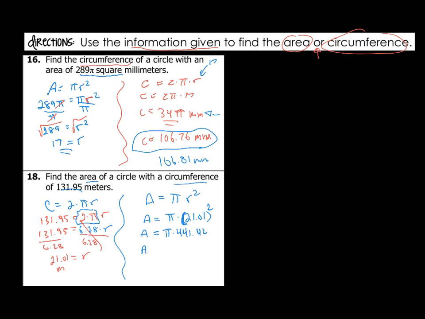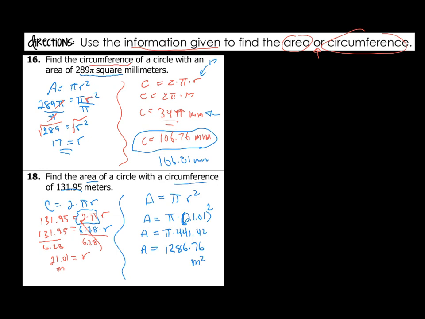And after I multiply that times pi, I'm going to use the pi key this time. I get approximately 1,386.76. So that's rounded to the nearest hundredth. And that's going to be square meters.